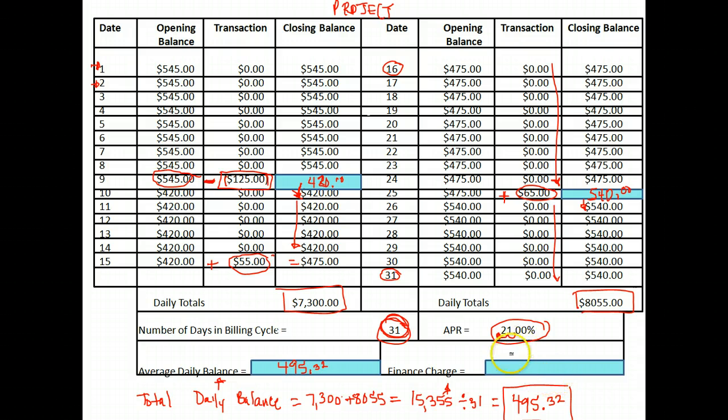So to find our finance charge, we're going to take 0.21 times the average daily balance of $495.32. When we do, we get $104.02. So our finance charge is $104.02 for the month we have given here.